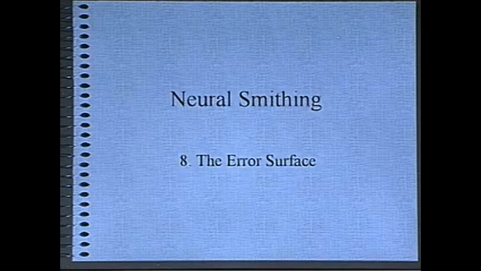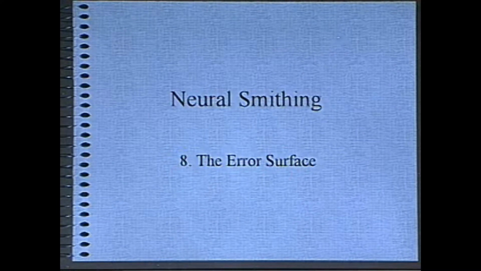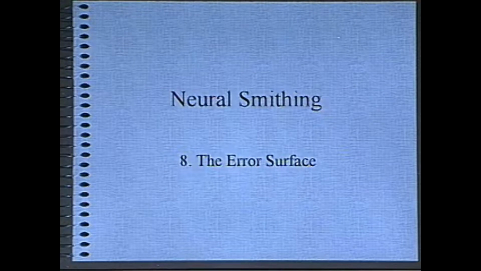One of the interesting things about neural networks is that they do take a long time to train, and the reason they take a long time to train is because of the error surface. Number one, the error surfaces typically exist in very, very high dimensions, and number two, we have to do things in order to assure that we don't drop into local minima. We would like to have a global, very nice minima.